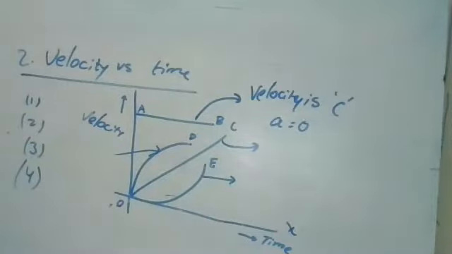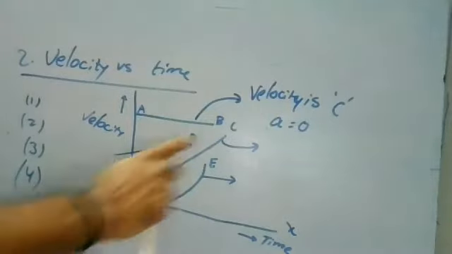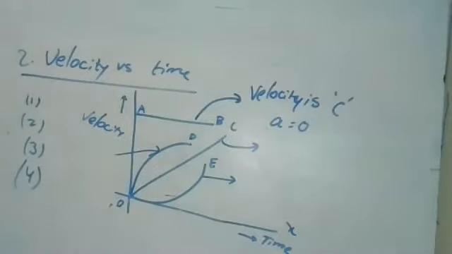Second point. If the graph is a straight line and inclined to the time axis, line OC, it means that the body moves with constant acceleration.